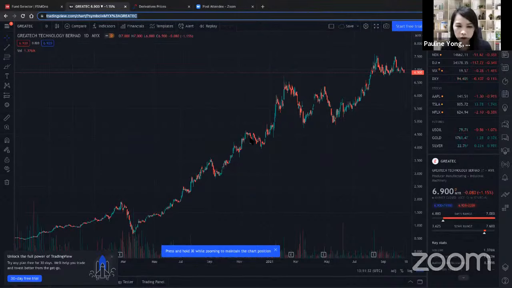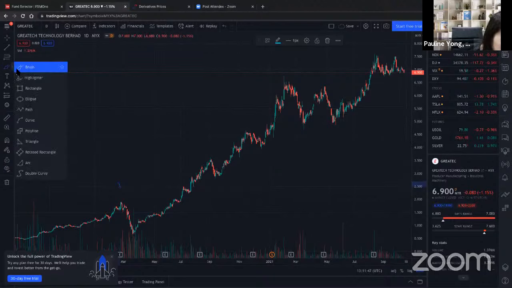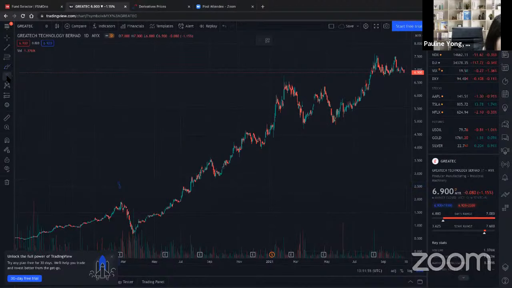So for wave number 3, usually you want to see that wave number 3 is higher. So wave number 1, let me see if I can draw here. Brush, highlighter, text.